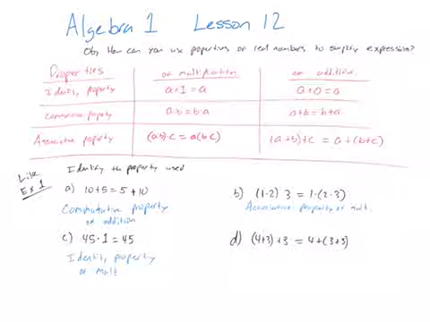And last but not least on this page, it says 4 plus 3 is equal to 4 plus 3 plus 3. So notice here it was a 4 and a 3 hanging out. Over here it's a 3 and a 3 hanging out. So who this 3 is associating with has changed, which is going to be the associative property of addition because we have addition going on in here.